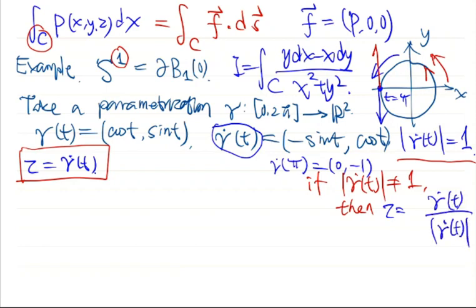The norm is not 1, that is easy. You divide it by the norm, then you get a unit vector, a unit tangent vector. Then this unit tangent vector might be our tau, or in reverse direction, it becomes tau.